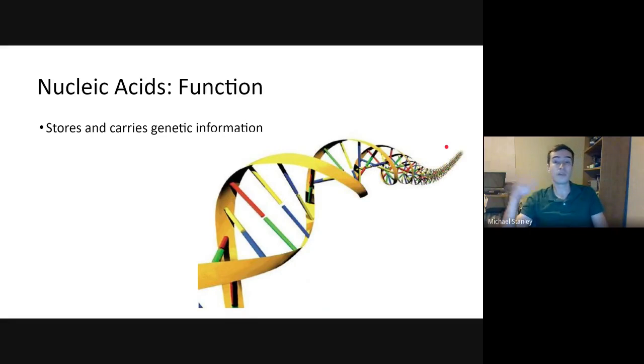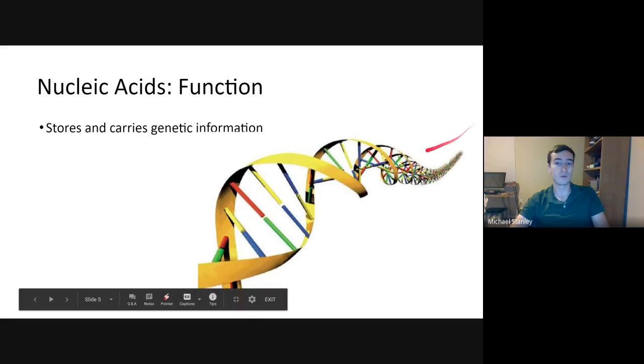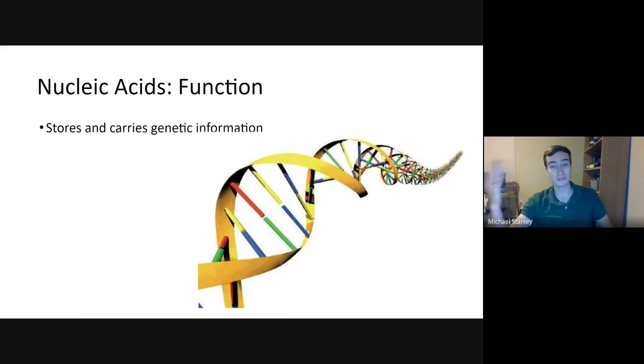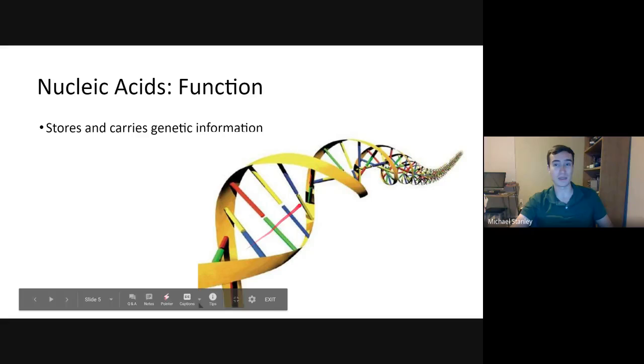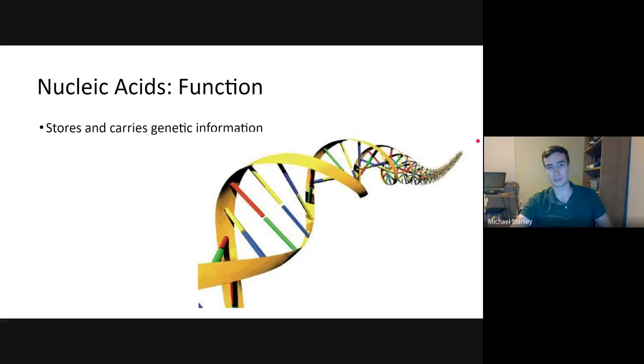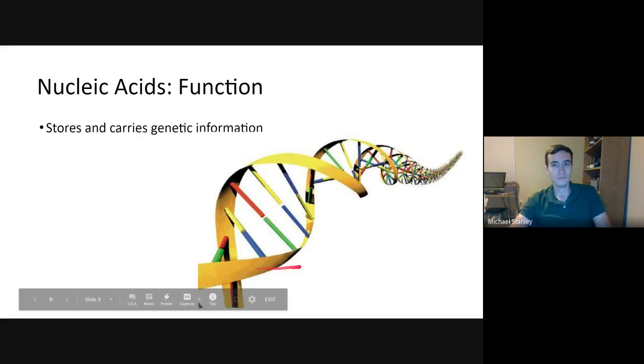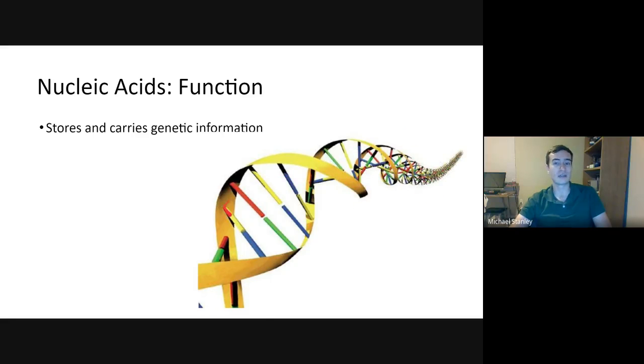So all of the thousands of different proteins that your body makes in order to turn you into a live human being, all of that information is stored in the millions and millions of bases that make up the DNA structure. So this twisty, curvy helix of DNA contains all the information needed to make you.